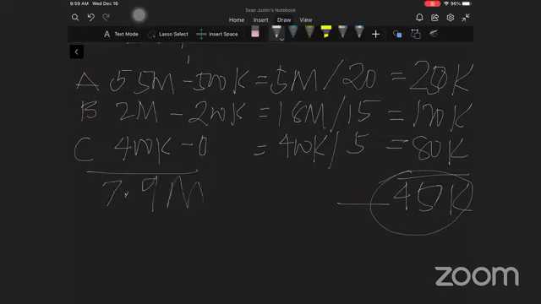Therefore, total annual depreciation divide by the total cost. How much is the annual depreciation? That's 450,000. Divide by the total cost.